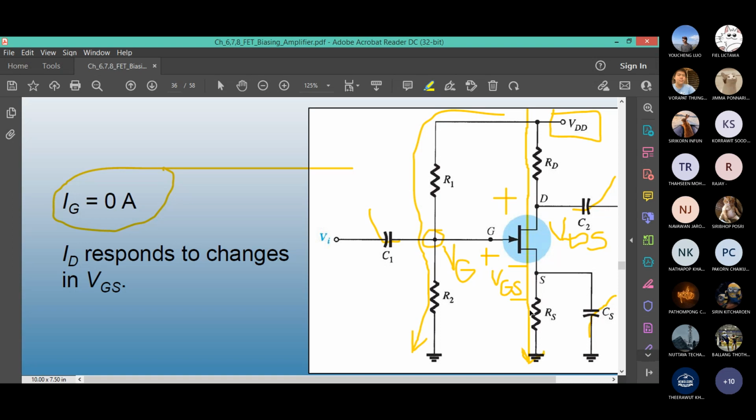If you look at the inside loop, VG minus VGS minus IDRS equals 0. Is that correct? This loop, let me read again: VG minus VGS minus IDRS equals 0. The polarity is like this, because the voltage drop across RS is IDRS. From that equation, what is VGS then? VGS will be VG minus IDRS.